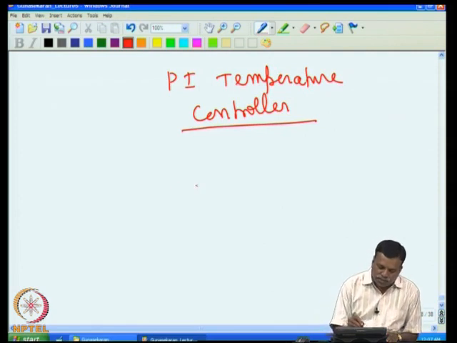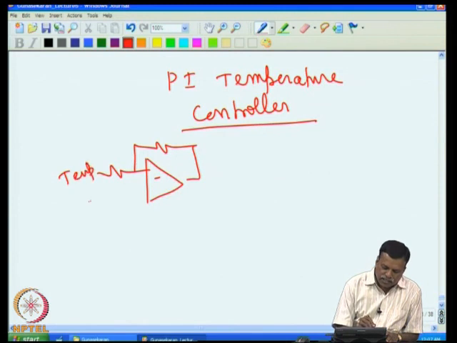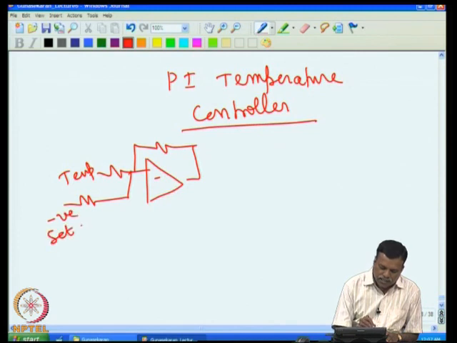So in the proportional temperature controller, what we had done was we had the actual temperature here, and then we had the set temperature, which is a minus voltage. So that is given a reverse of the set temperature.